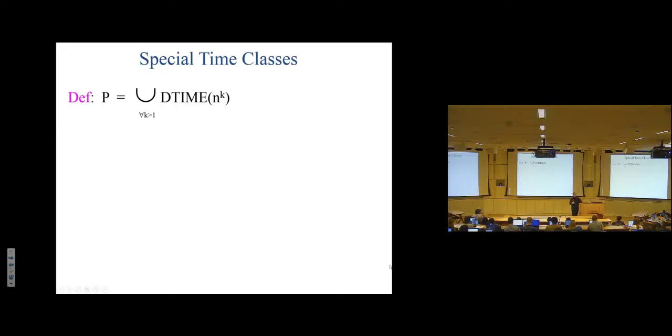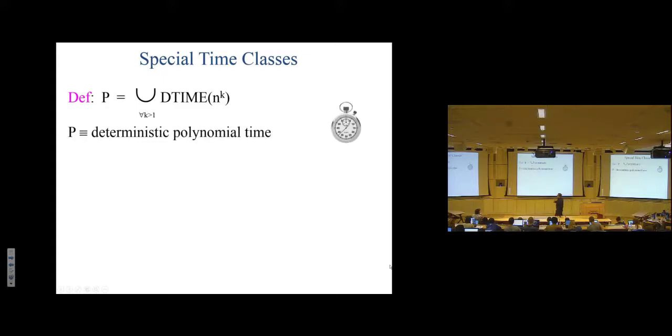Some fixed power like square or cube or what have you, but not exponential and not factorial, just polynomial. Okay, so that's P, and that's deterministic.